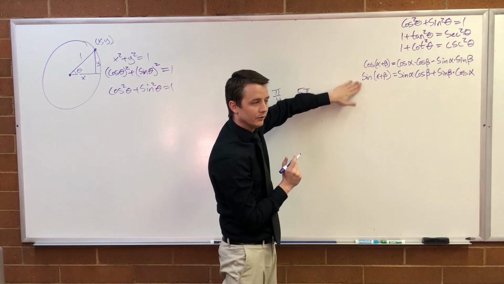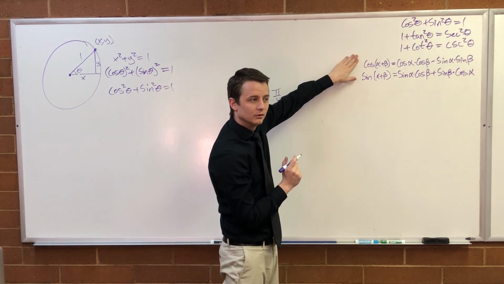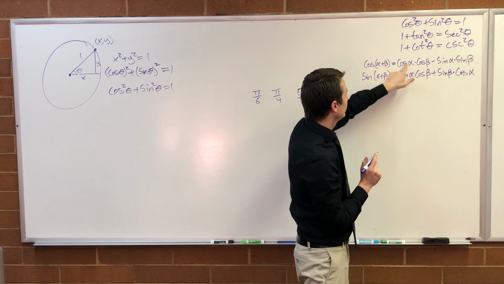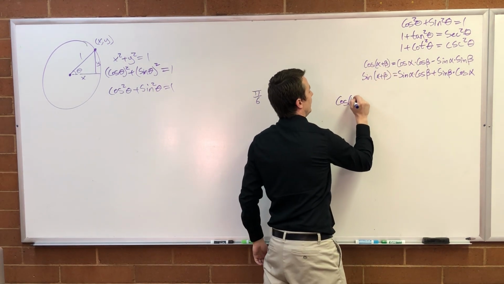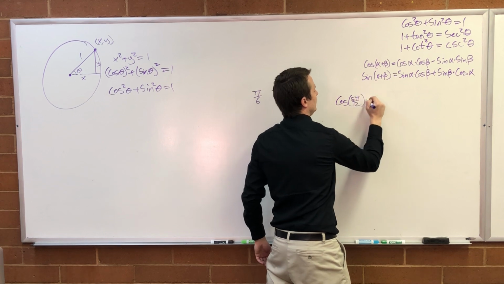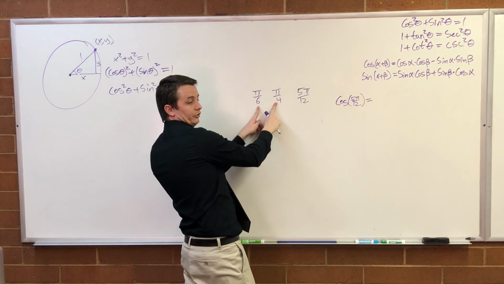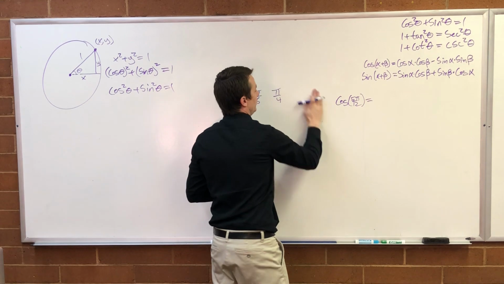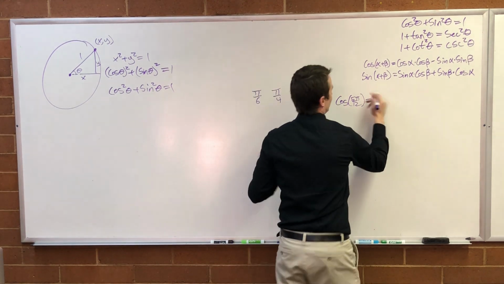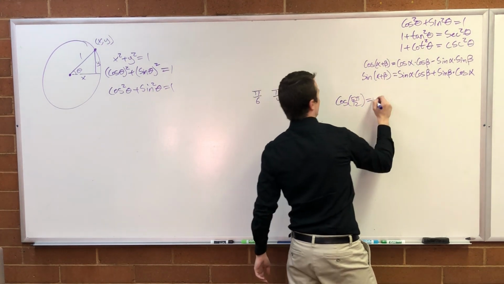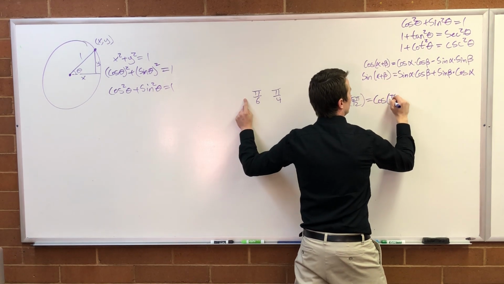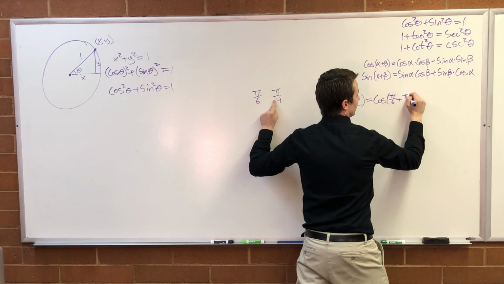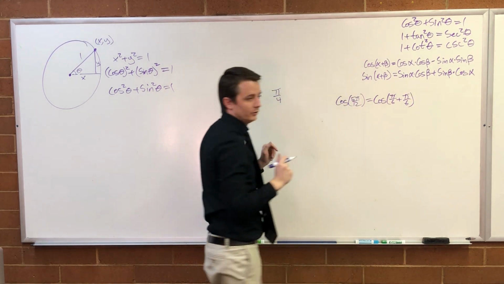That's what these identities give us. So you can just plug it in here and now you know how to calculate it. We're saying that the cosine of 5 pi over 12 is equal to, since 5 pi over 12 is just the sum of these two things, cosine of pi over 6 plus pi over 4. With me so far?